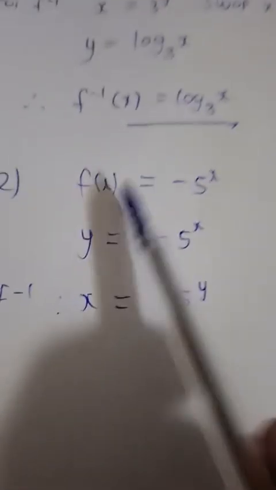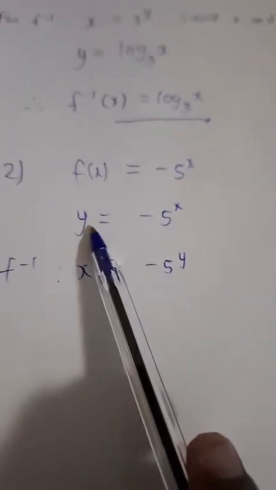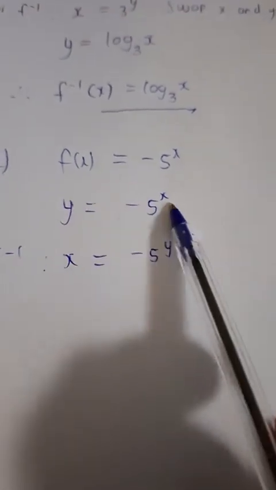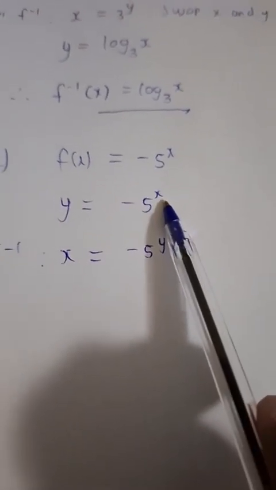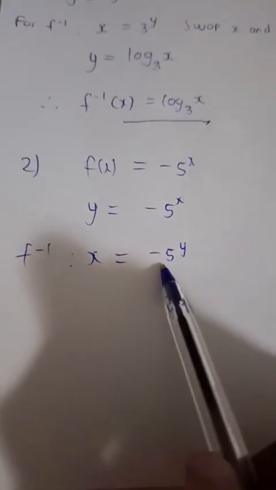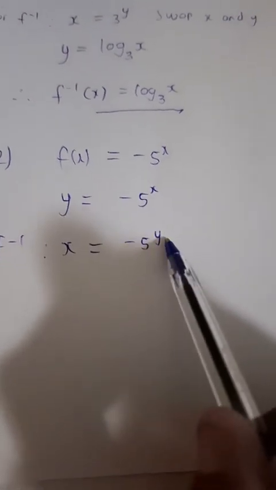So again, f of x is equal to negative 5 to the power x. Step number 1, we write it in terms of y and x. There you see y is equal to negative 5 to the power x. But now take note, here we have x is equal to negative 5 to the power y.